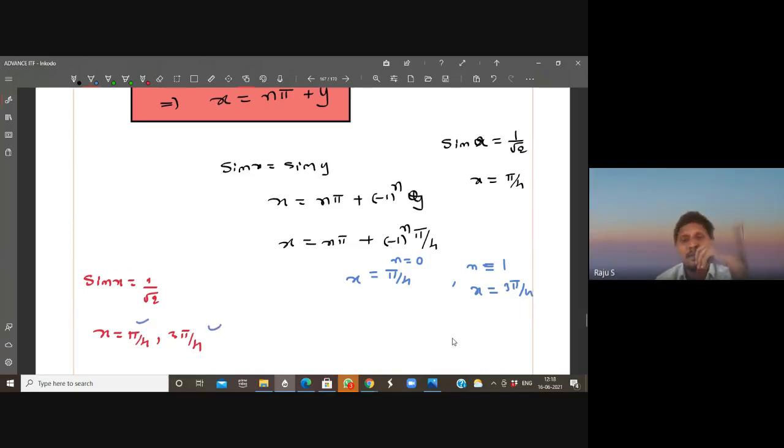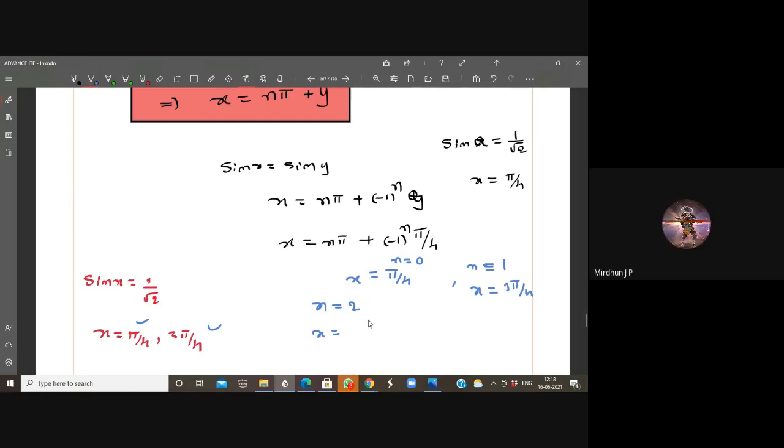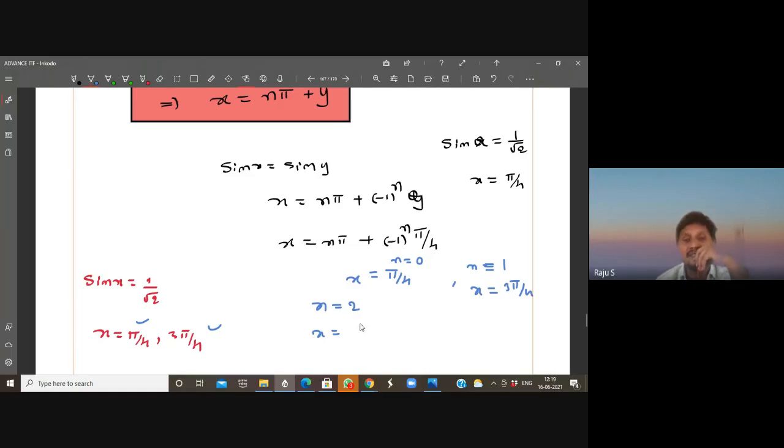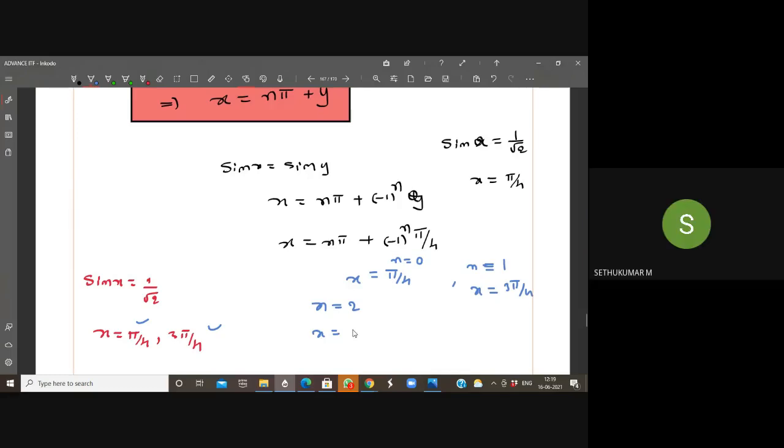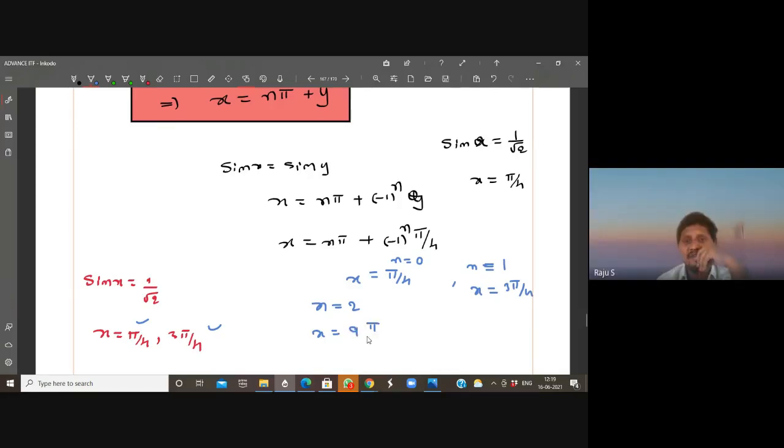Now, these are the principal solutions. When I substitute n is equal to 2, what is the x value? 2 pi plus pi by 4, nothing but 360 plus 45, that is 9 pi by 4. 9 pi by 4, value is what? Again it becomes the first quadrant, 45 only.